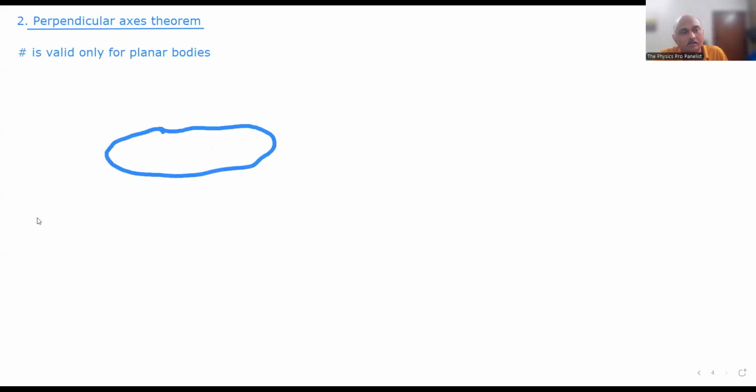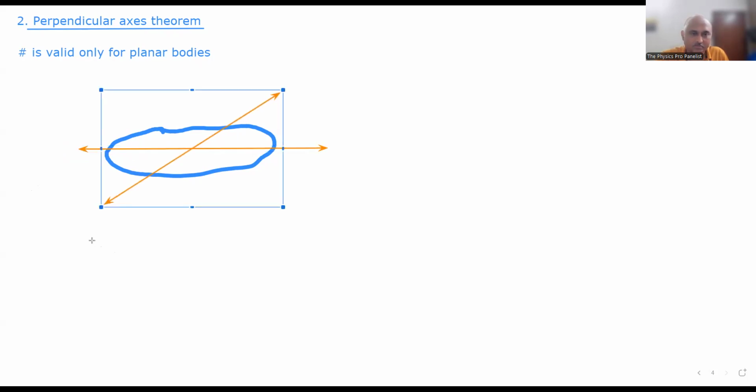The body lies in the XY plane. Let's say this is the x axis and this is the y axis. This body lies in this XY plane.